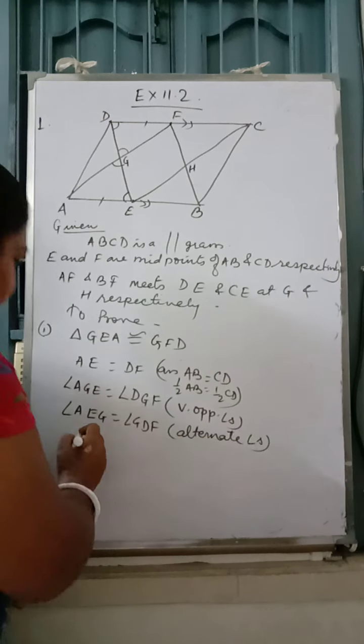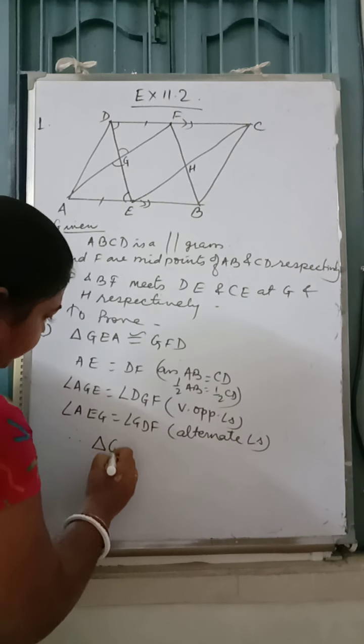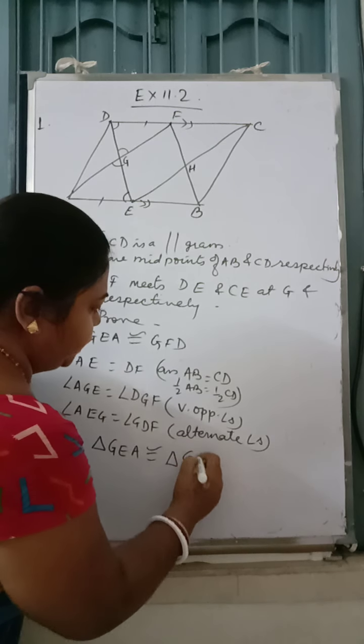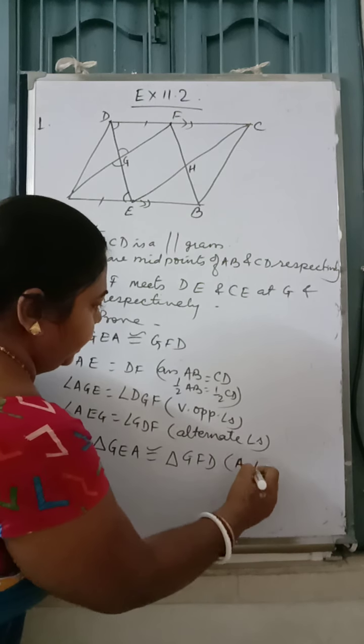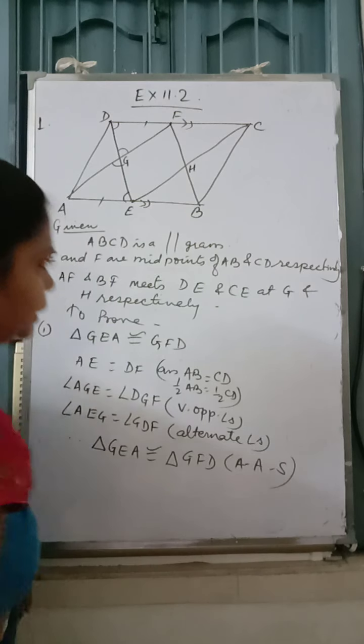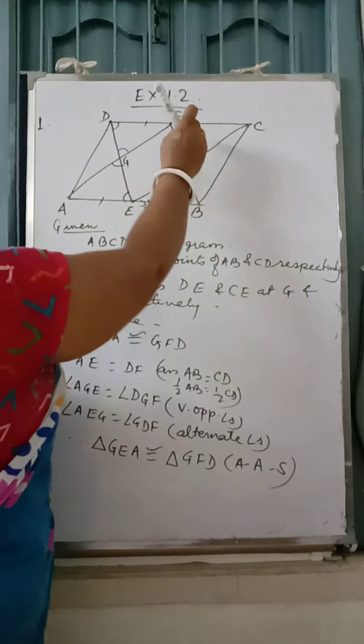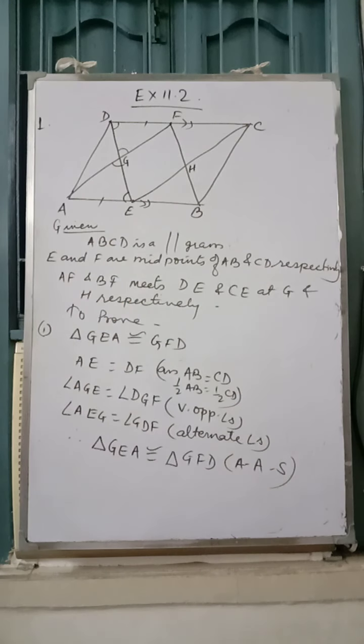You have learned this theorem, so triangle GEA is congruent to triangle GFD according to the AAS condition. Similarly, we have to prove triangle HEB is congruent to triangle HFC. We can prove it the same way. I think you can do it, there is no problem in doing so.